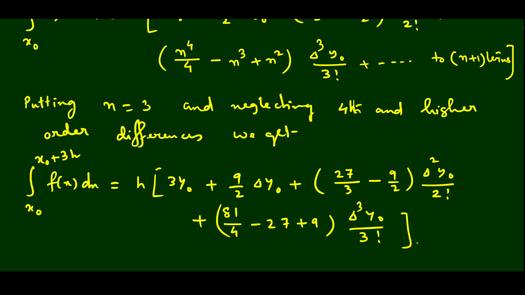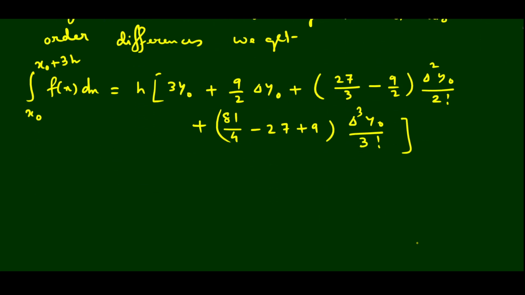Now let us simplify. h into 3y naught, then 9 by 2 delta y naught, where delta y naught is y1 minus y naught.